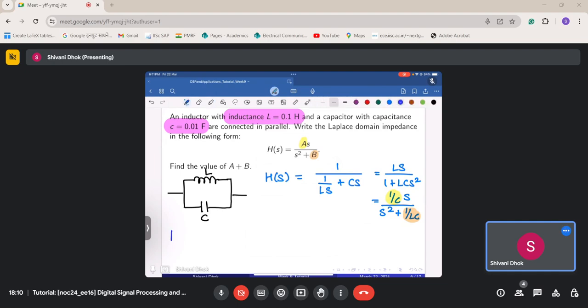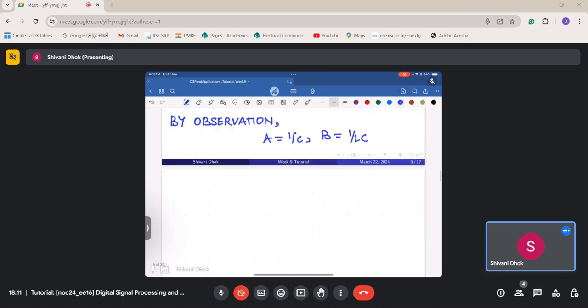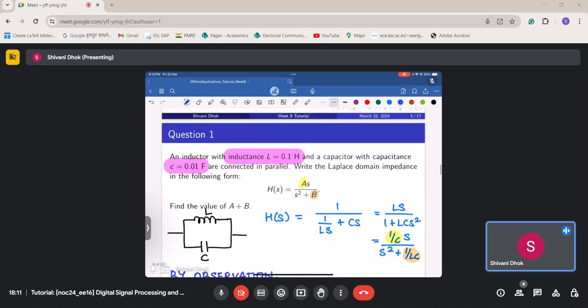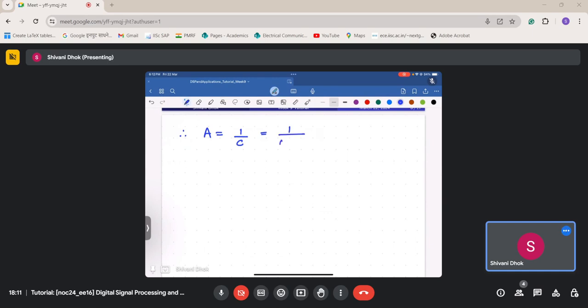So by observation, A is equal to 1 by C and B is equal to 1 by LC. Therefore A, which is 1 by C, with C given as 0.01 Farad, is 1 upon 0.01, which comes out to be 100.